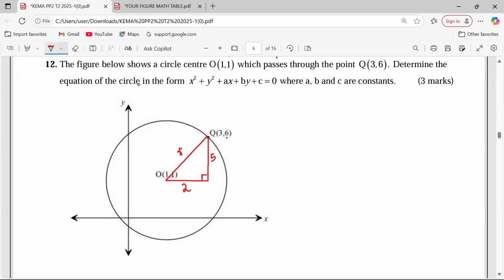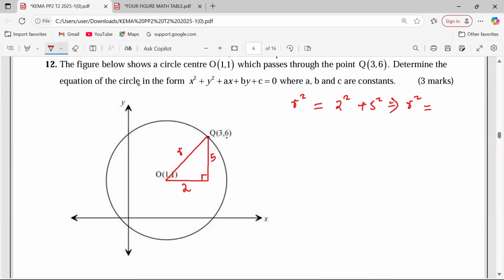So R squared should be given by 2 squared plus 5 squared. From this, we can say R squared equals 4 plus 25, which is 29.